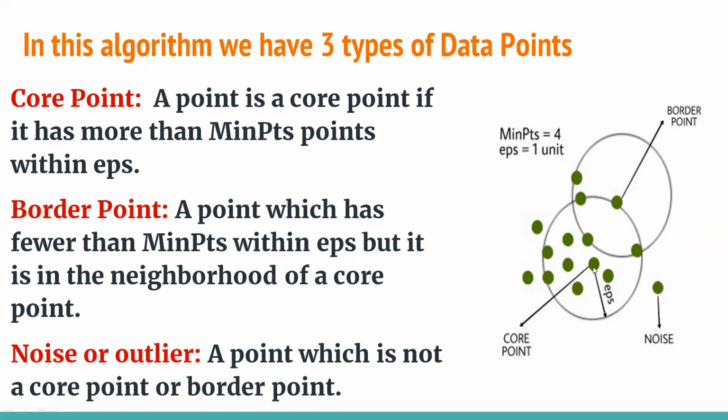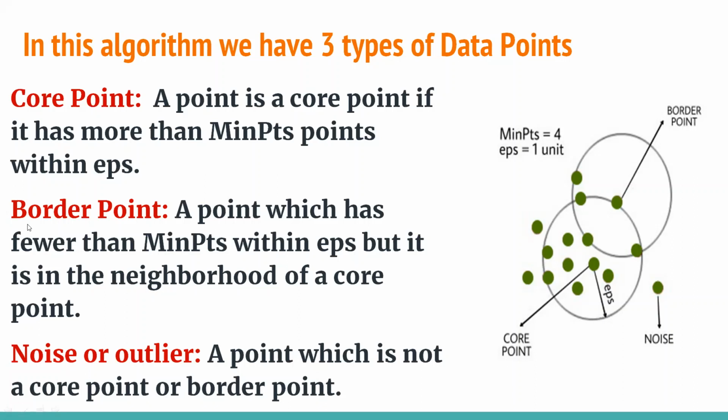That means for this particular point, within an epsilon radius, I'm finding more than 4 neighbors, so I can consider this particular point as a core point, which means a core point is a point which has more than min points within an epsilon radius.